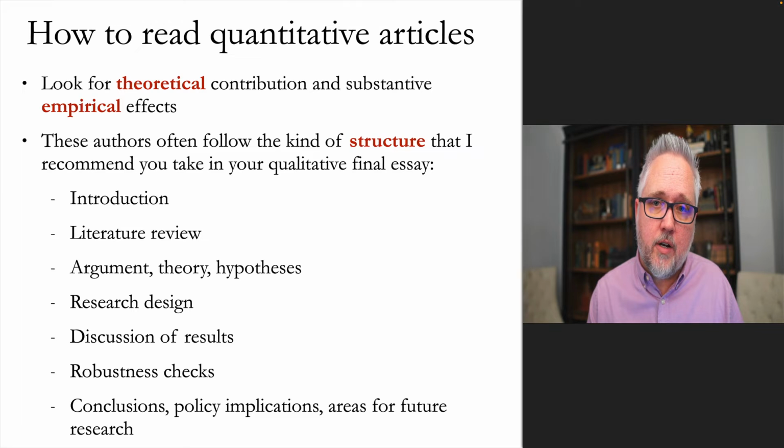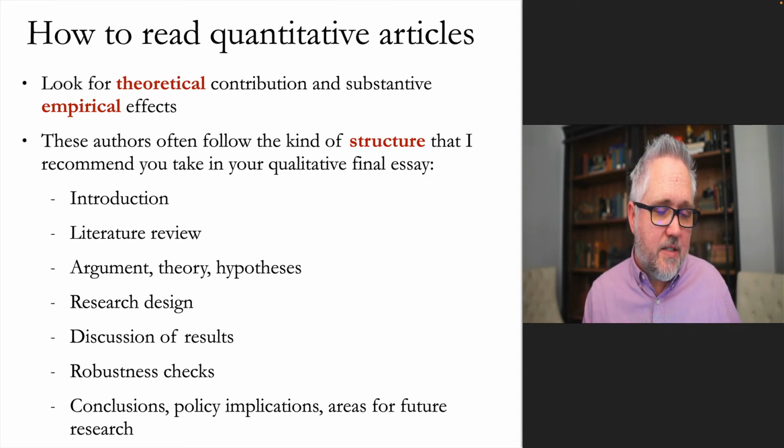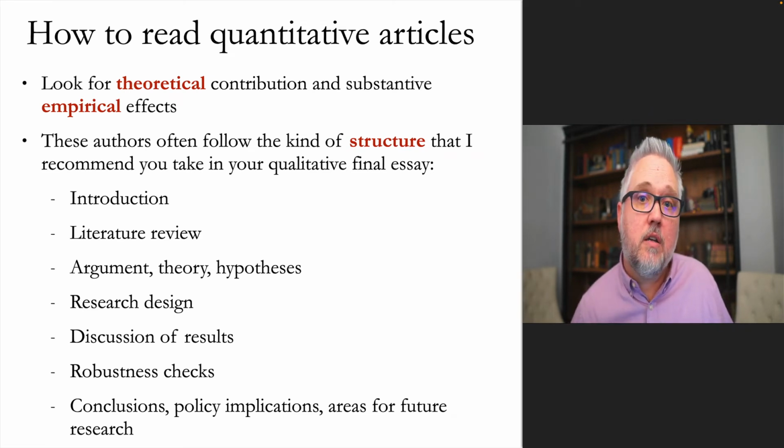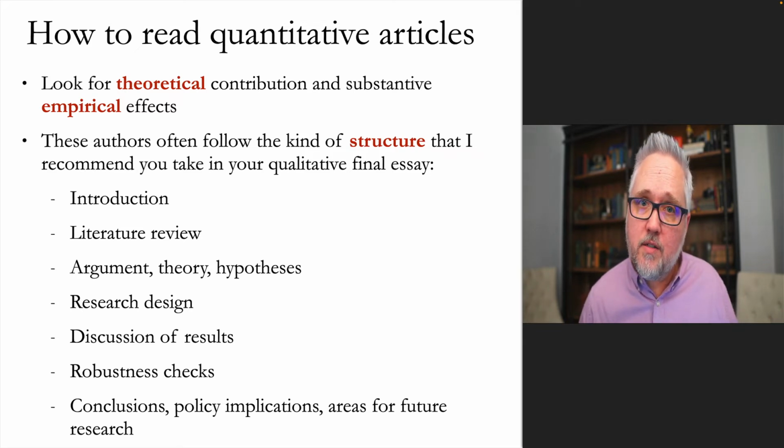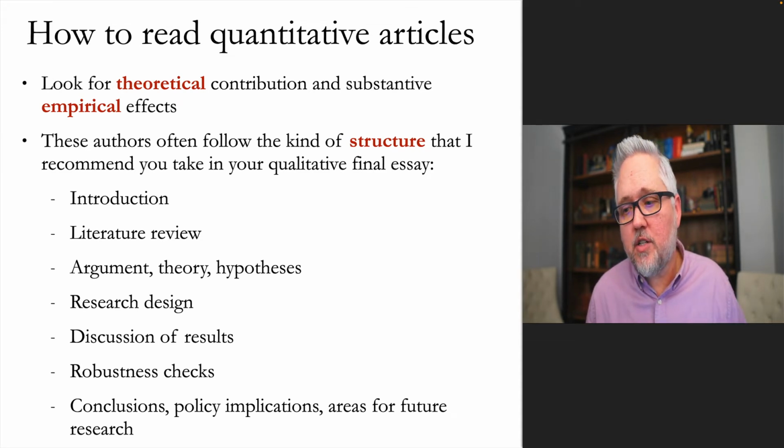That could be the theoretical contribution. The empirical effects might be how large the effect different types of disasters have on conflict, or, as temperature or oceans rise a certain percentage, how much stress that puts on human security. So what's the theoretical contribution, the why that the authors are focusing on, and the how much is what that substantive effect is actually having.